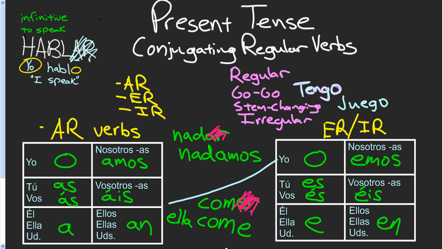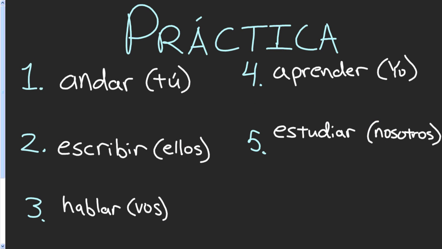An example of an irregular verb would be ser, yo soy. I am from the United States, soy estadounidense. It's a completely irregular verb. Right now we are only talking about the regular verbs. And we haven't mentioned these other classes of verbs, but we will in the future.